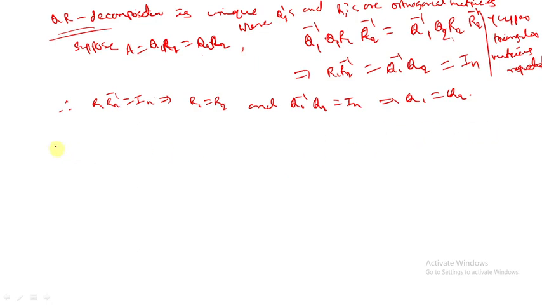This is the result: the QR decomposition is unique for a square matrix.